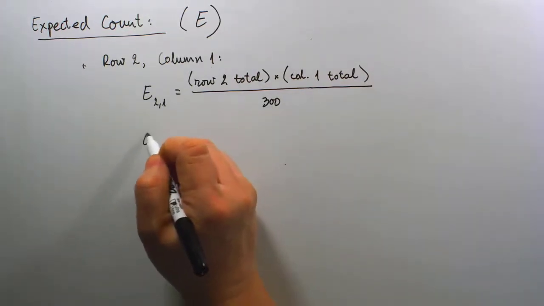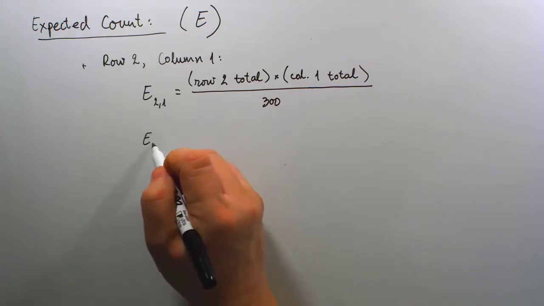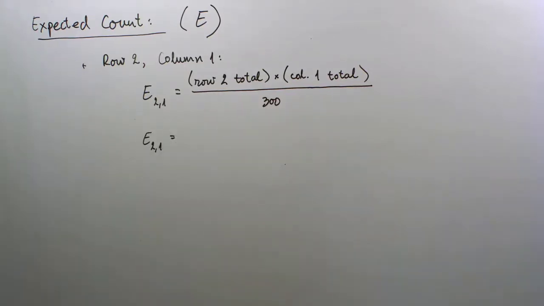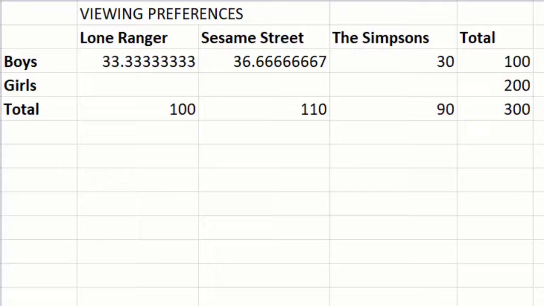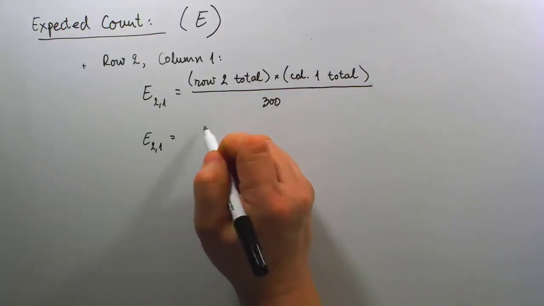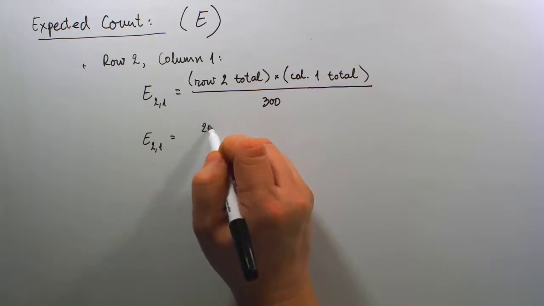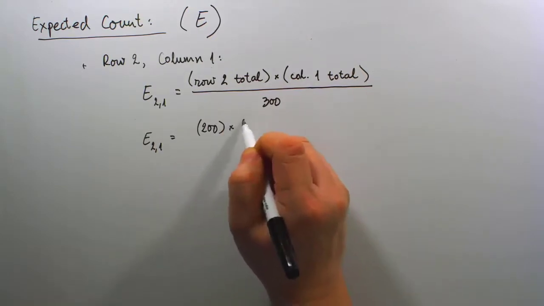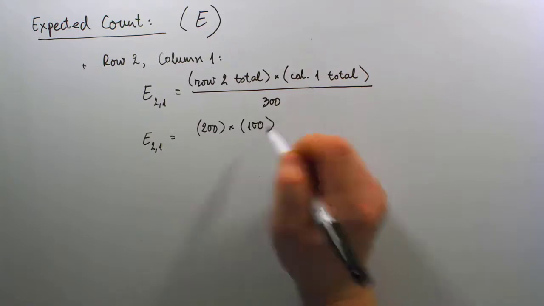And so to get into the calculation itself, now we can again look back at our table on the computer screen right here. So right here where we stand at row 2, column 1, row 2 has a row total of 200, and column 1 has a column total of 100. So on my board, I'm looking at row 2 total being 200, and that is going to be multiplied with 100 for column 1 total.